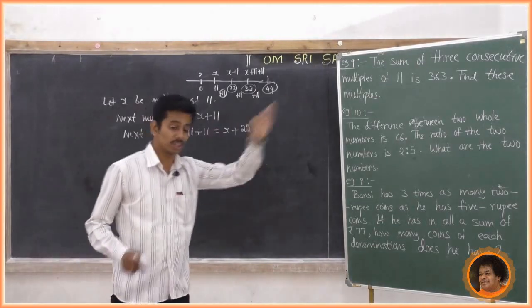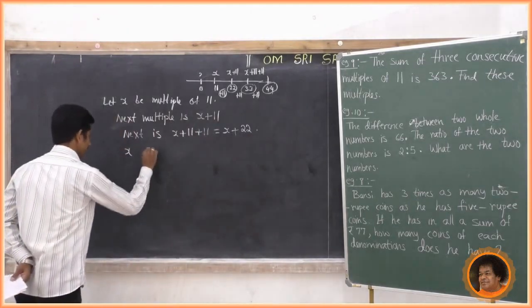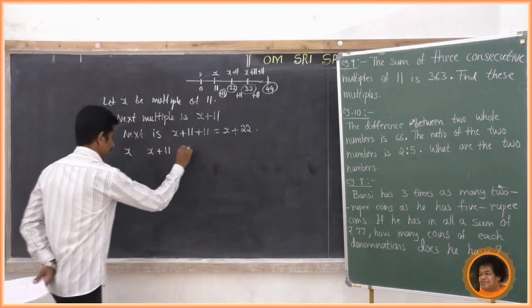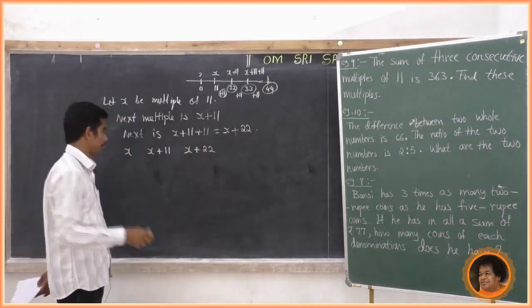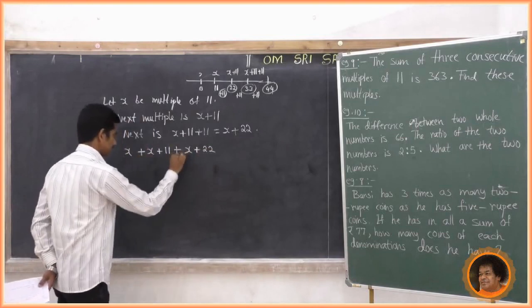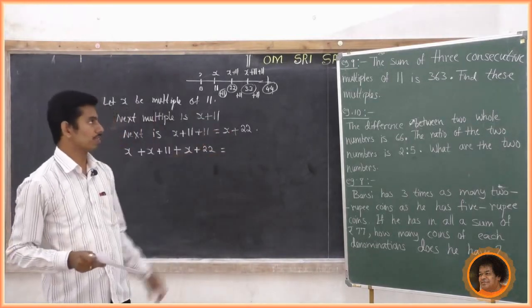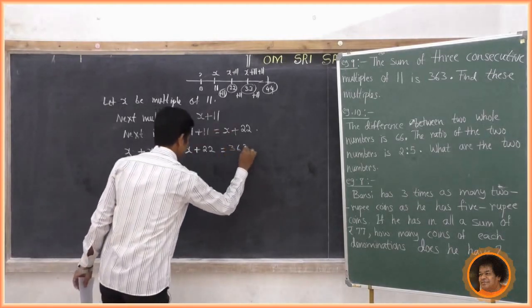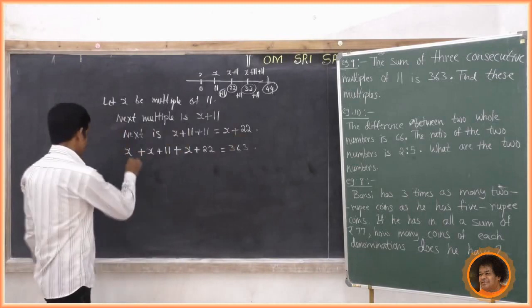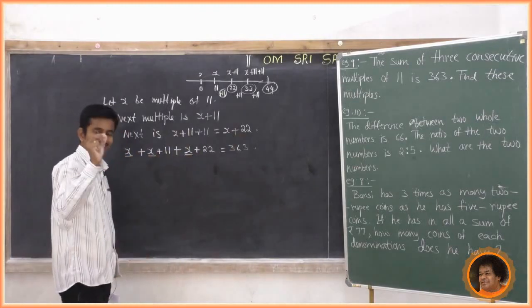The sum of the three consecutive multiples: the first is x, next is x plus 11 and next is x plus 22. Sum means add these. The sum is 363. Here the variable x is the same, so these are like terms.